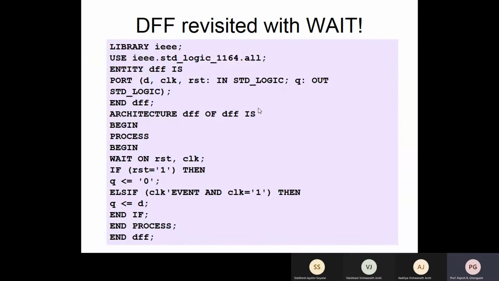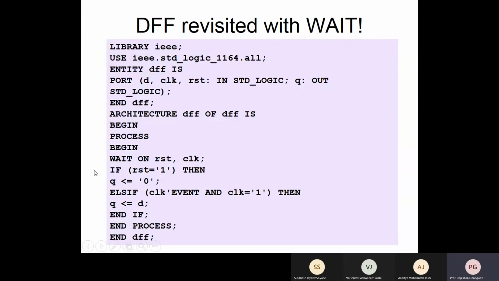Now we are going to revisit the D flip-flop with wait. Earlier we had done this with another sequential statement, but now we are going to use wait. The complete code is in front of you. Library IEEE, use IEEE, that usual thing, entity declaration along with the ports, architecture, and then we have the process. Inside the process, we have wait on RST and clock, exactly the same code that we had for the 8-bit register just seen.